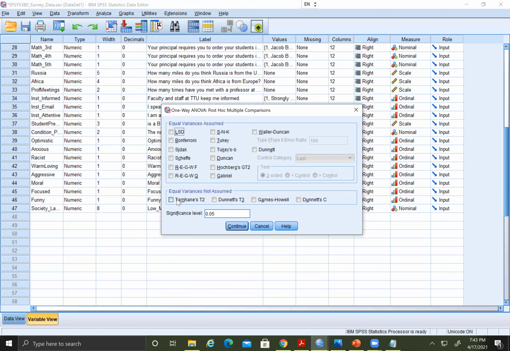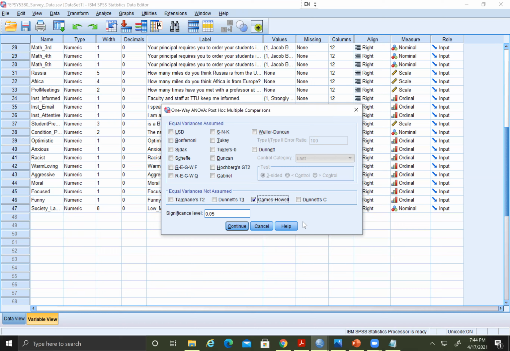So all of these are different adjustments for when equal variance is not assumed, and these different ones are just different methods to make the adjustment.